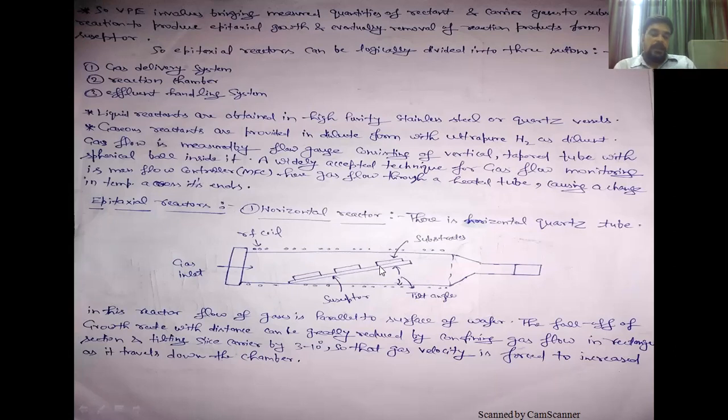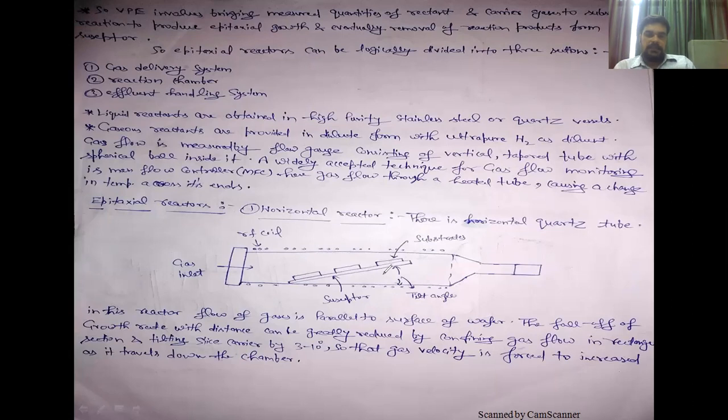Now, if you look at this diagram, there is a slight tilt of this structure. Why is this slight tilt there? This tilt is provided to maintain a constant growth rate throughout the chamber. Why is it done? Because remember, in the previous case, if we use this type of stand, the gas flow was like this, and we also discussed the formula that as we go along the channel, the thickness of the stagnant layer increases.